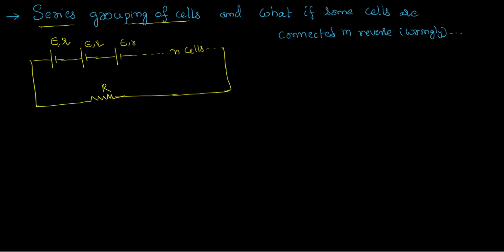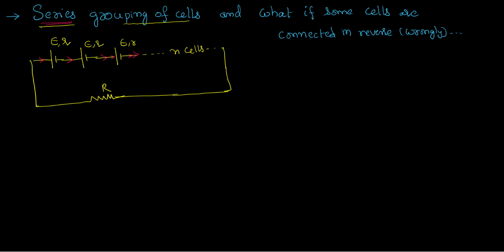The current in the circuit is total EMF by total resistance. When the cells are connected this way, current flows in the same way because the negative plate is connected to positive, negative plate is connected to positive, and so on. This kind of connection is called a series connection.